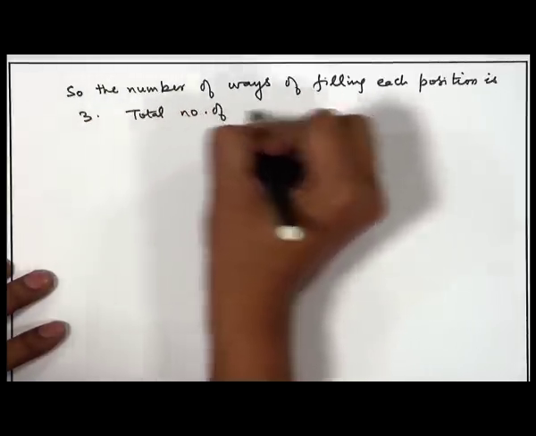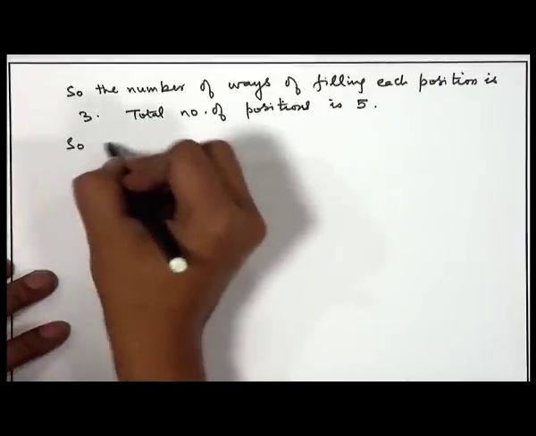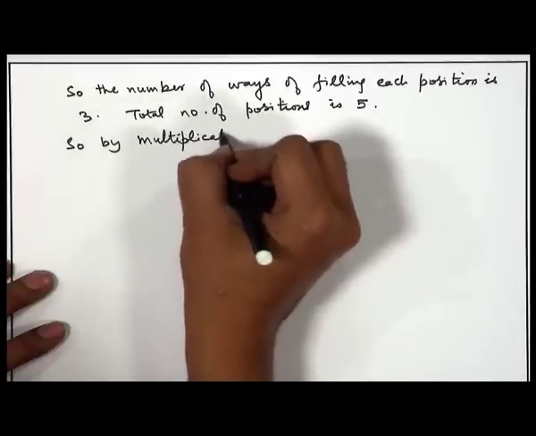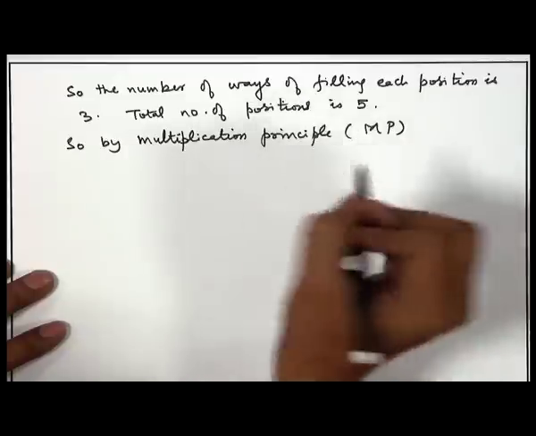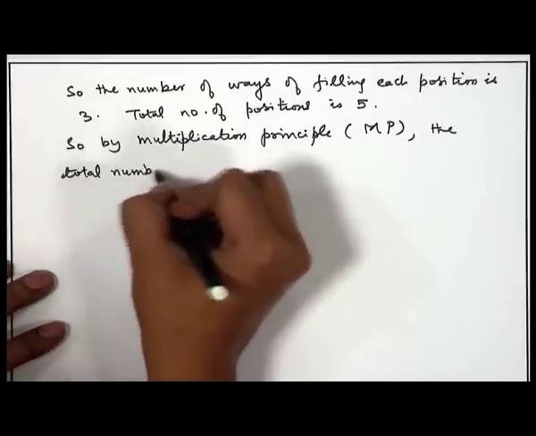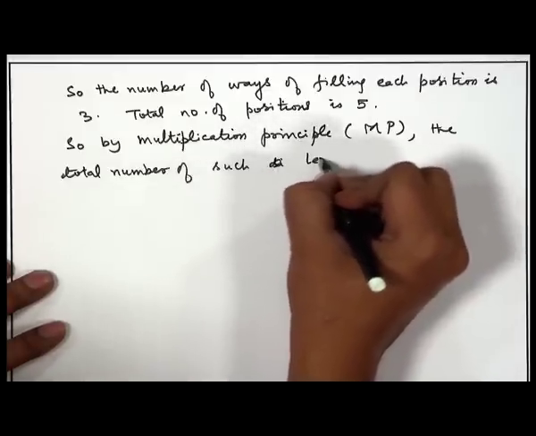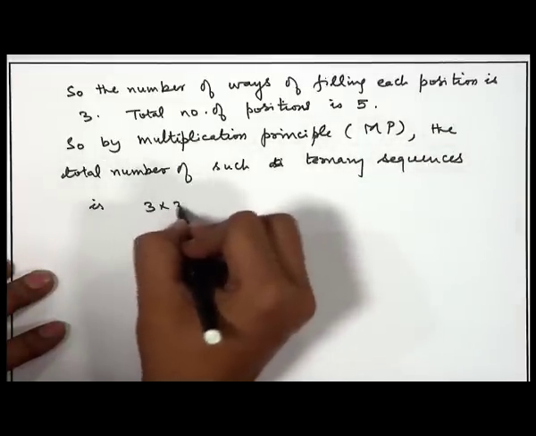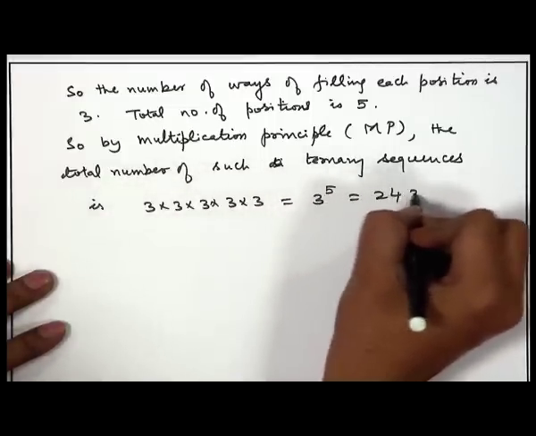Total number of positions is 5. So, by the multiplication principle, in short I can use MP, the total number of such ternary sequences is 3 into 3 into 3 into 3 into 3, that is 3 to the power 5, that is 243.